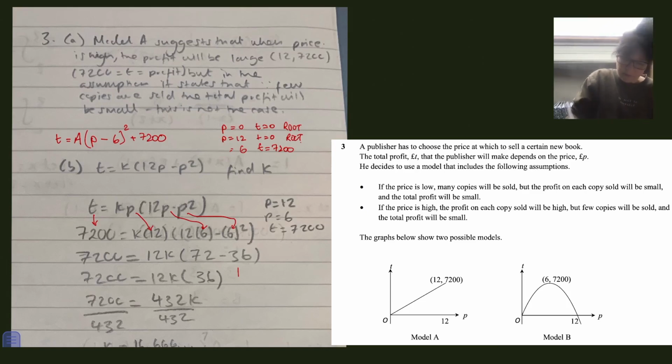We've used the turning point piece of information. Now we can choose. We could sub in p is 0 and t is 0, and then rearrange that to get a. Or we could use the other piece of information. We could sub in p is 12 and t is 0 and rearrange to get a.